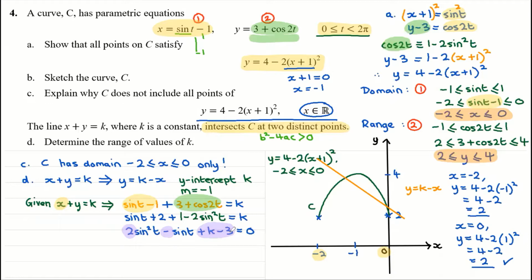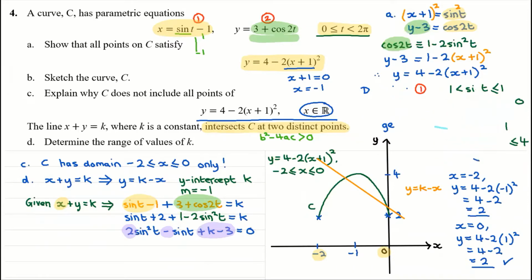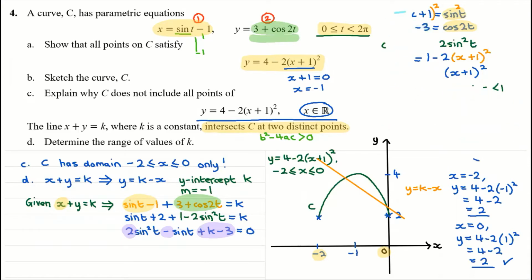Now, just to create a bit more space, I'm just going to remove some of this working from the top right-hand corner, the domain and range, which we've done now. So I'll just get rid of that. Again, you've got plenty of space on your page to do this.